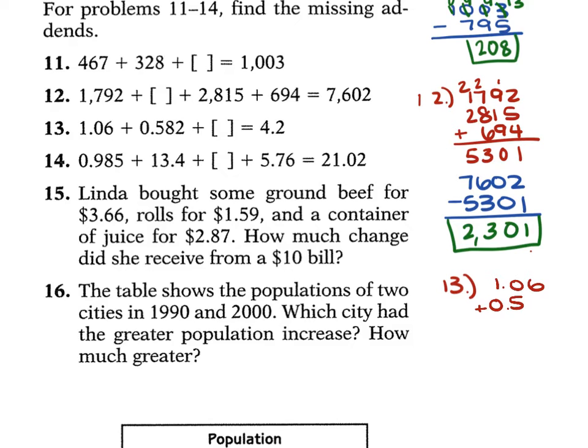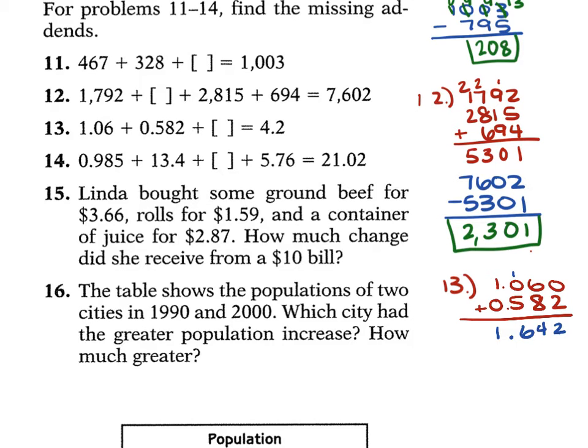I'm going to put a 0 above the 2, so that way I know that I have that place value to work with. So 0 plus 2 is 2, 6 plus 8 is 14, 5 plus 1 is 6, put down your decimal point, and 1 plus 0 is 1.